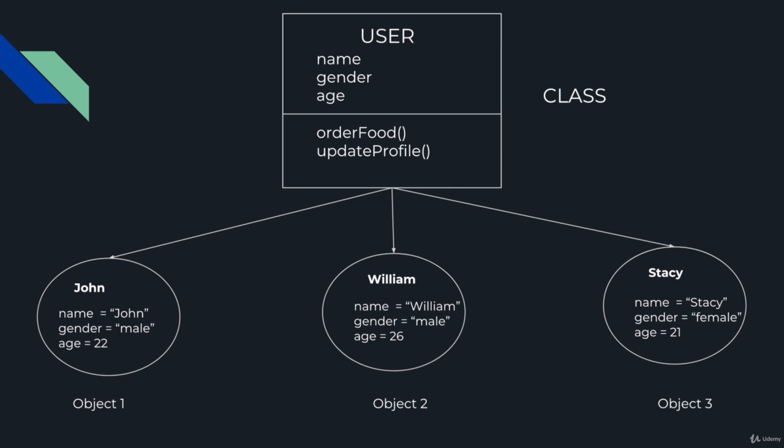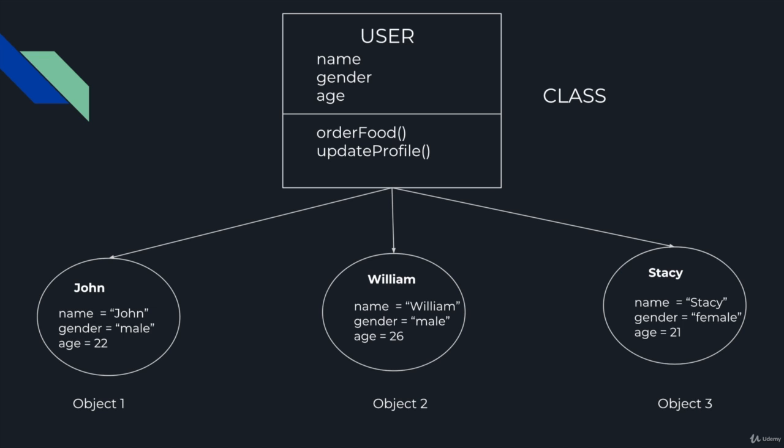You can see that the user class has defined the states and the behavior that its object can have. The user class has the state name, gender, and age, and the objects created using the user class have these three states defined in them. The objects of the user class can exhibit two behaviors, which are order food and update profile.